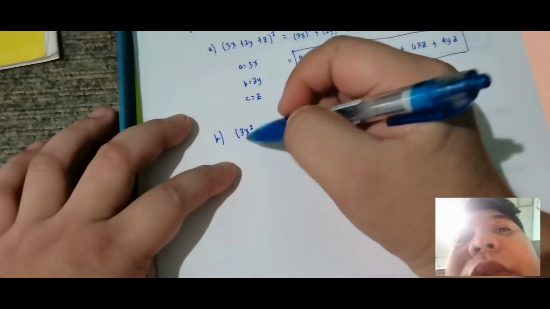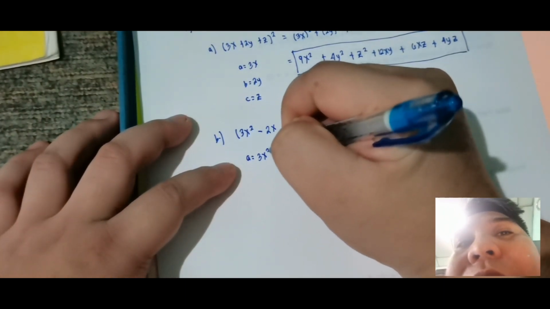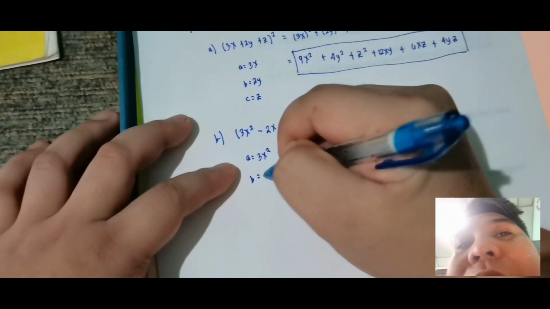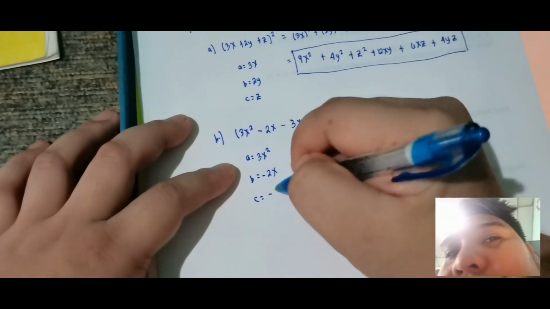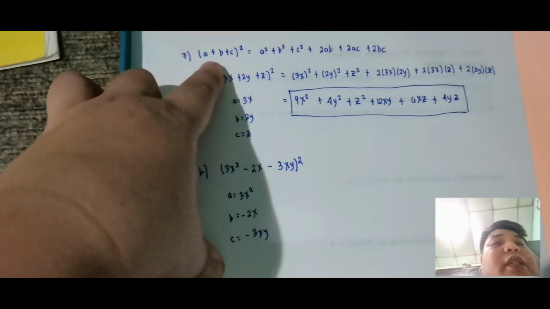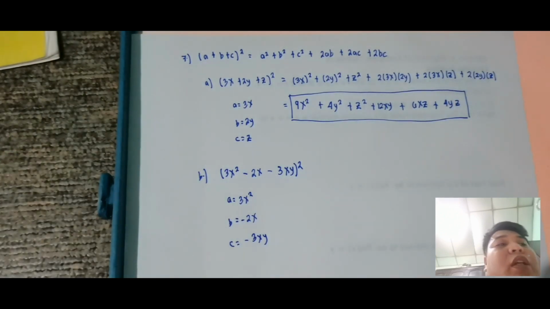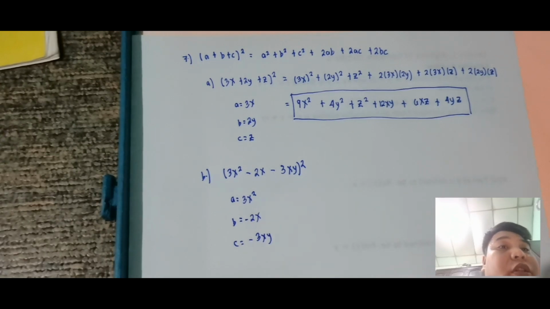So ano yung A? A natin dito is 3x squared. B natin dito is negative 2x. C natin dito is negative 3xy. Pero bakit negative? Ang formula kasi is plus. So since negative yung nakikita, wala naman tayong formula para sa negative, ay nilalagay natin. I-negative natin yung mga negative dyan, yung mga minus 2x, yung minus 3xy.